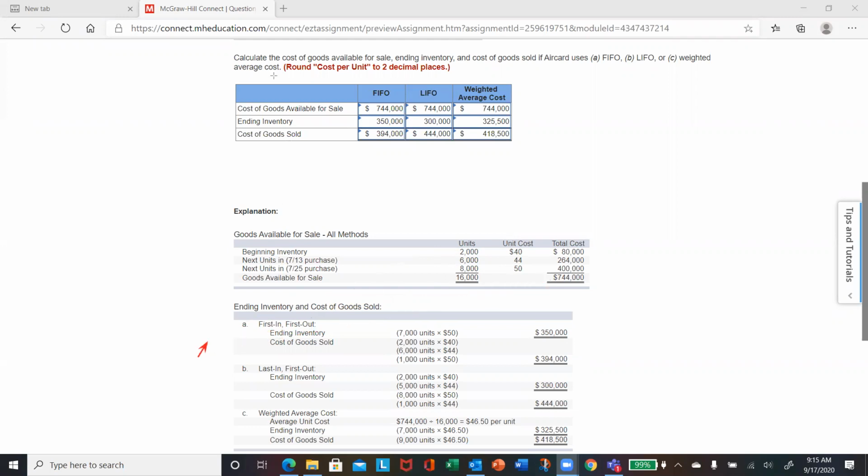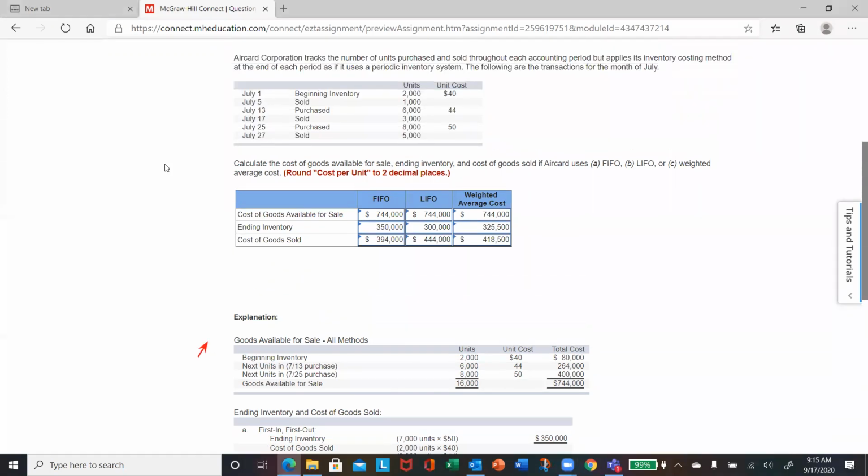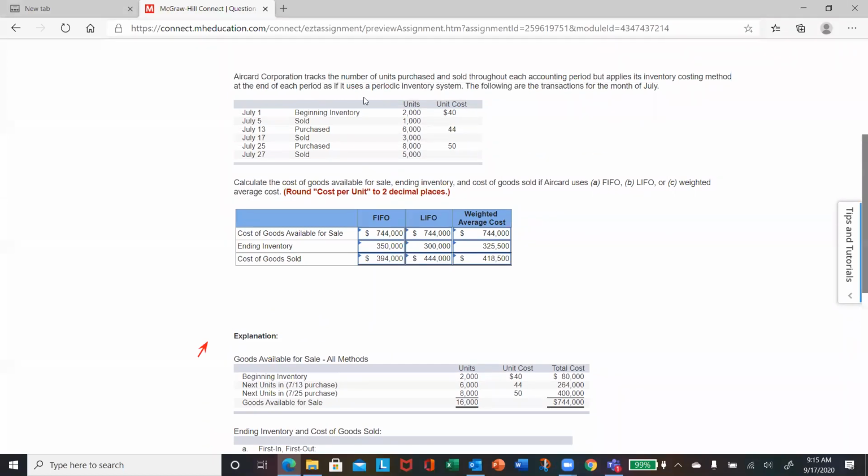Now, let me page back up and let me show you this. If you look at what happened, they have a sale on the 5th, the 17th, and the 27th. If you add these up, that's 1,000 plus 3 is 4,000, plus 5, that would be 9,000 units.